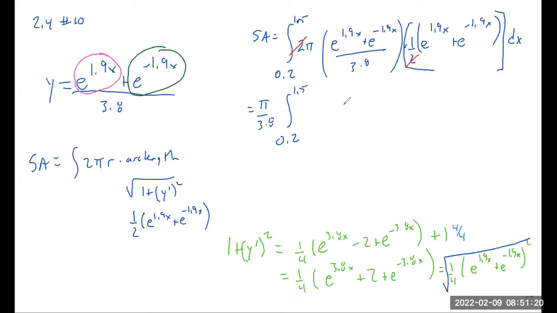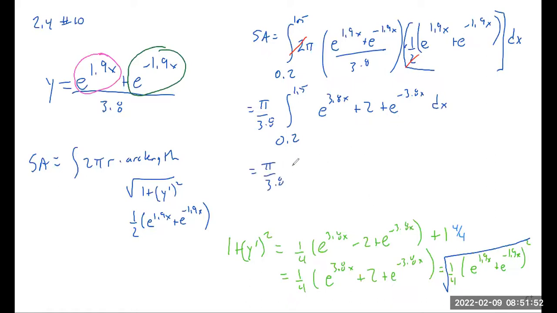The first is going to give me e to the 3.8x. The outside and the inside are both going to give me a 1, same thing as we saw before, so plus 2. And then the last is going to give me e to the minus 3.8x. And so that's what I have to end up integrating.